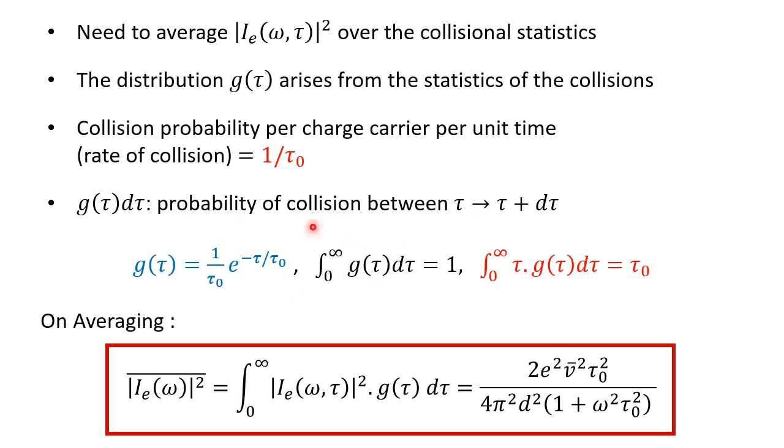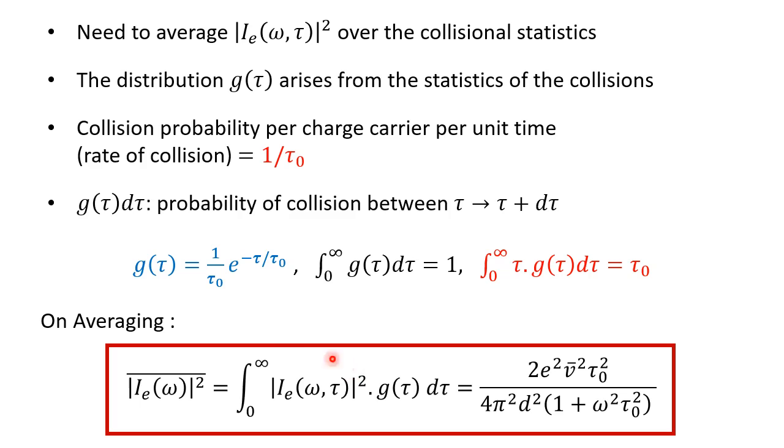It of course is normalized, hence it's a distribution, and the average time is indeed tau naught, as I mentioned, because this is like the first moment of it, which you just calculate, and that gives you the average. So on averaging, what I would get is this I omega square. Now this bar refers to averages being done over the time scale of collision, this tau.